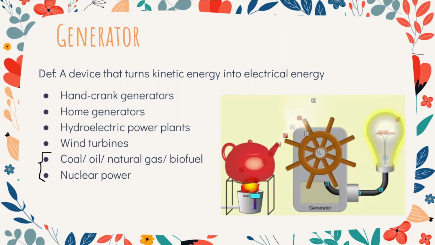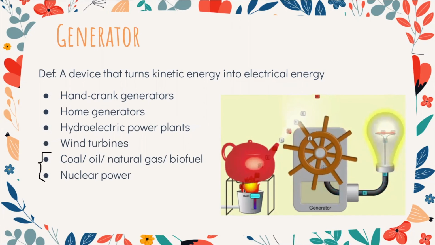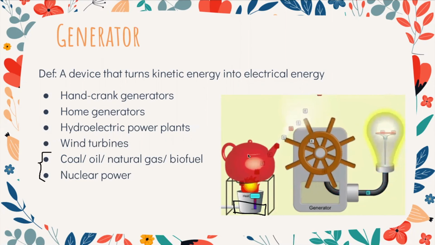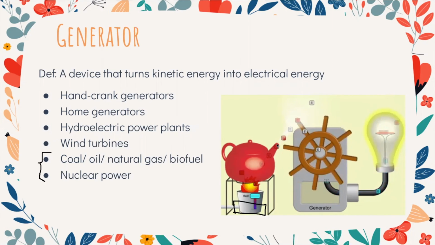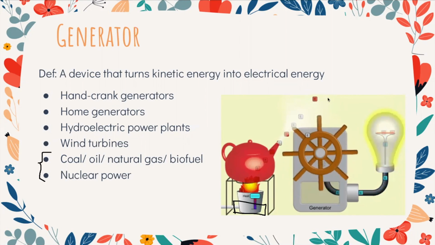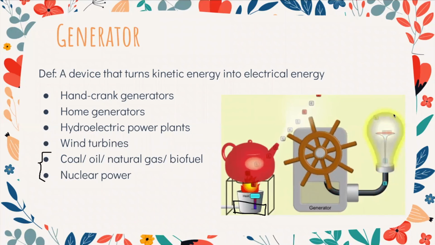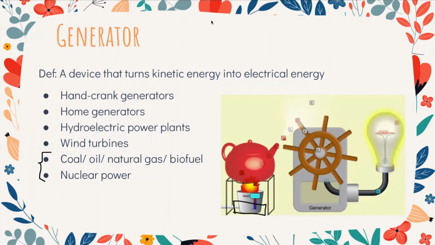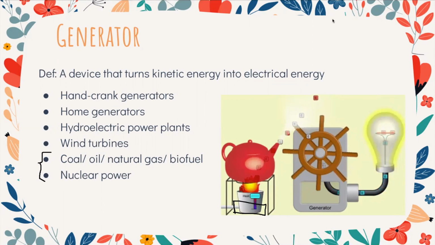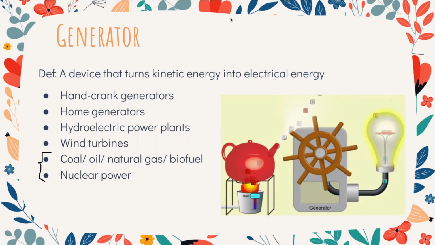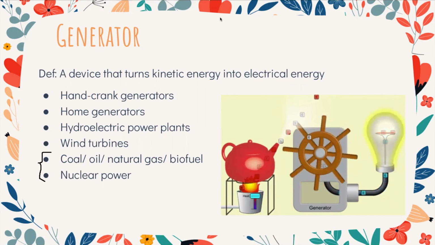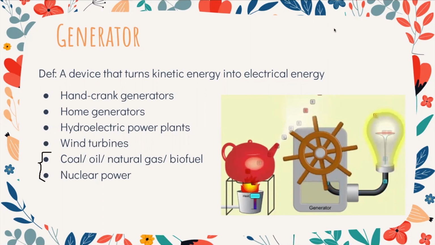Imagine for your coal or biofuel power plant, you put wood in on the bottom, we light the wood on fire, it heats the water, and the kinetic energy of the rising steam turns the turbines to make the electricity. Nuclear power does the same thing, except instead of burning things that let off extra carbon dioxide into the atmosphere, it does a nuclear reaction, which heats water, which turns the generator, which creates electricity without carbon dioxide emissions.